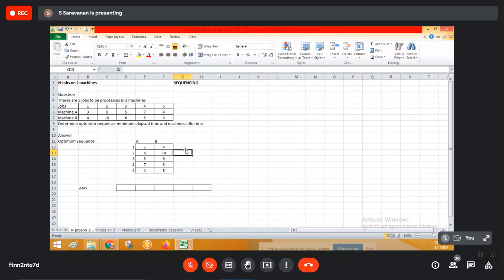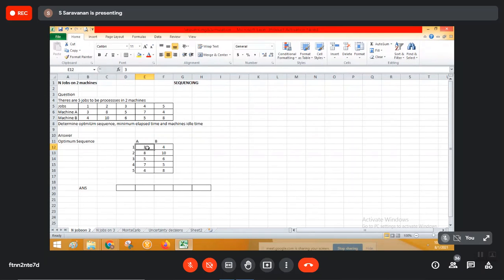Okay, just let me know among these numbers which is the most minimum. Among all these 10 numbers, which is minimum? 3 is minimum. If the minimum is in machine A, that will come first.